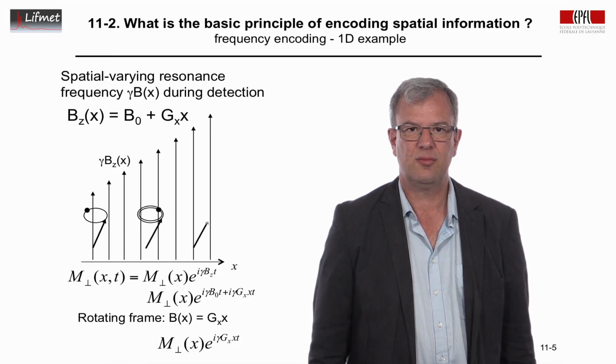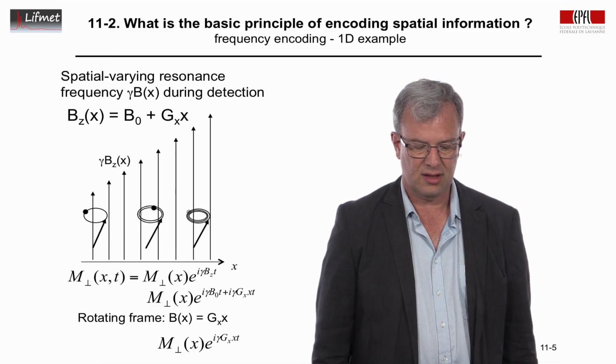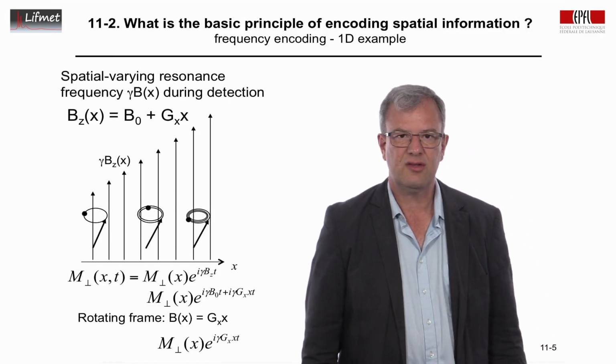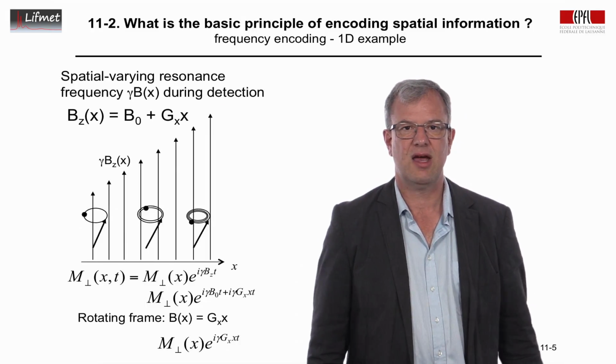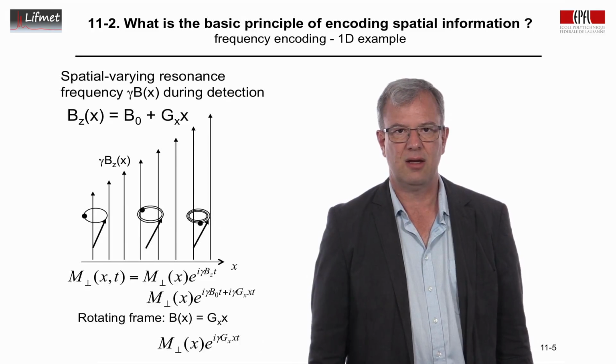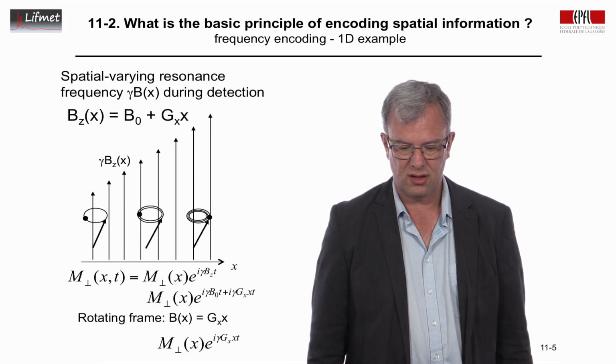And at this position, we have an even stronger magnetic field, and the magnetization precesses faster. So this is what we are detecting: different precessional frequencies that depend on the position of the magnetization.